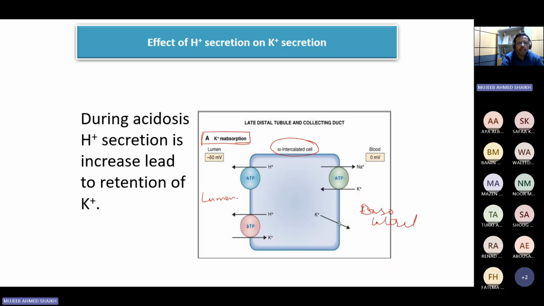On the luminal side, there is a counter transport mechanism where potassium is reabsorbed in exchange with hydrogen. So this is the function of the alpha intercalated cell: absorption of potassium and secretion of hydrogen ion. You may be thinking that it is mainly related to the acid-base status of the body. When the urine is more acidic, hydrogen ions have to be secreted, and in replacement, potassium will be reabsorbed.